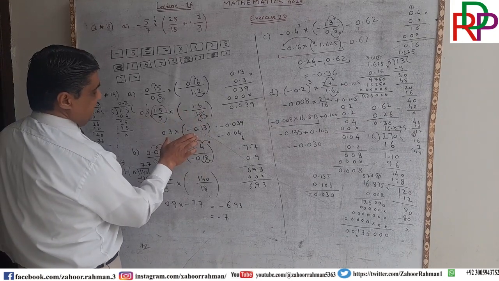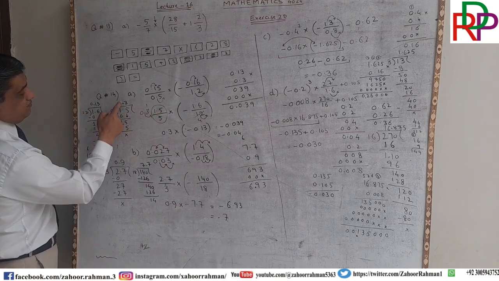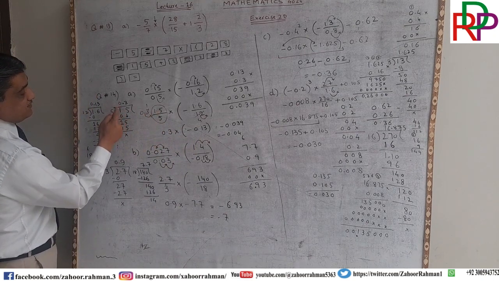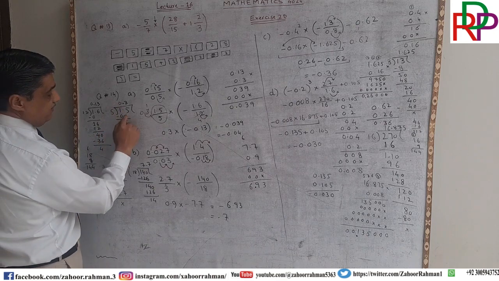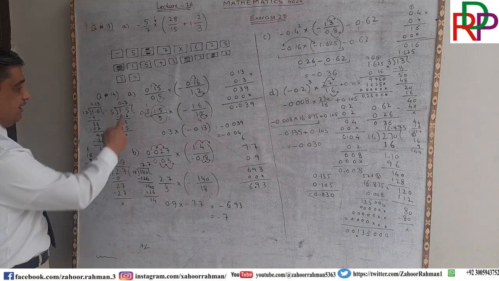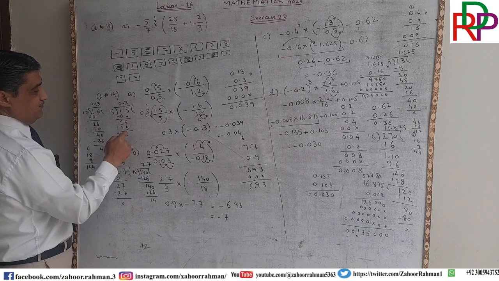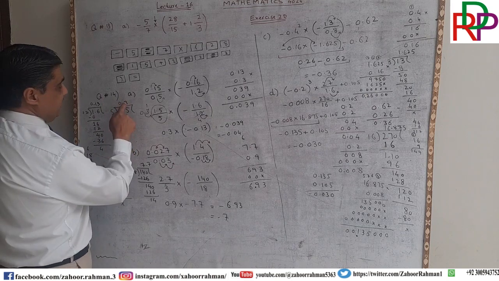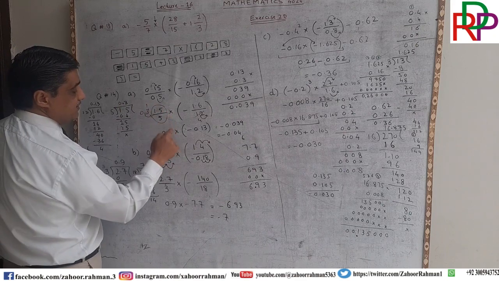Focus on the black writing. When 1.5 is divided by 5, 5 zeros are 0 and 1, and then we bring 5, but before that we shift this decimal upward, and then 5 threes are 15. So we will get 0.3 from this particular area.